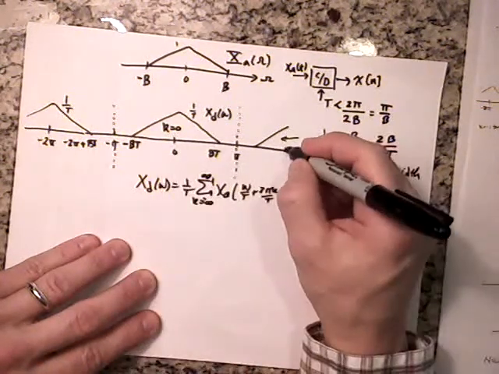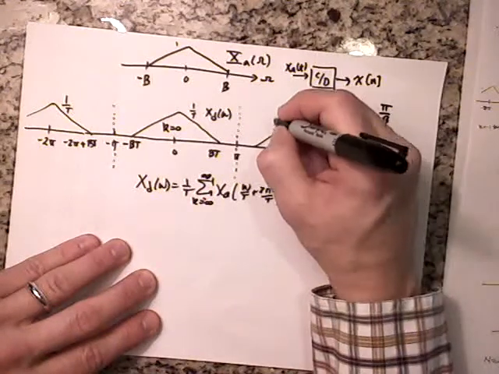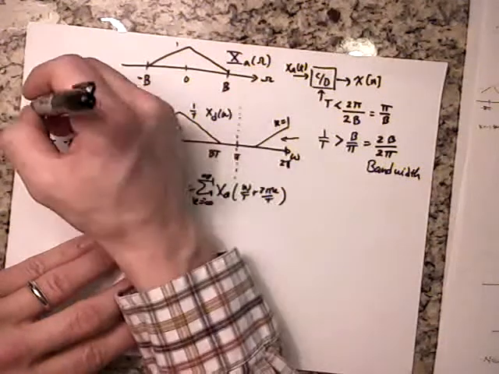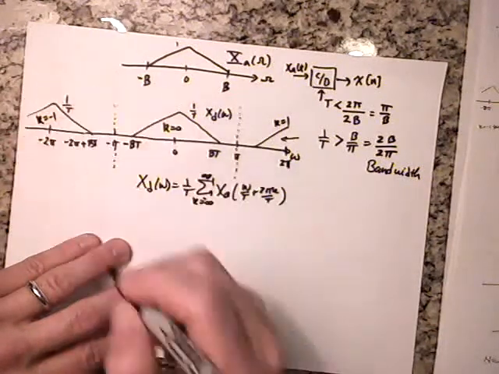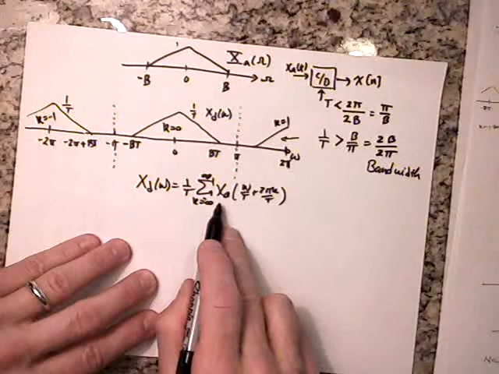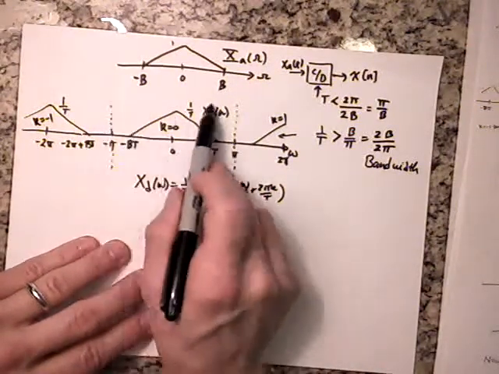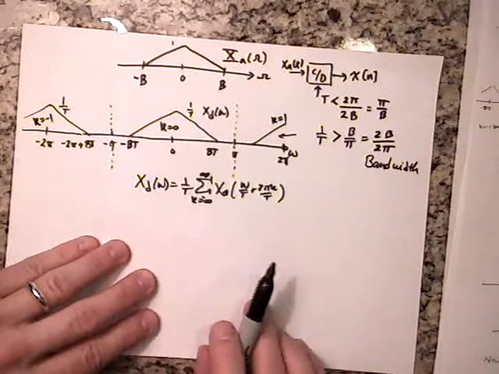This copy over here that sits at 2 pi is the k equals 1 term. This copy at minus 2 pi is the k equals minus 1 term. Now there's an infinite number of these terms, but notice that they don't overlap. So really all of the information that I need is sitting right here between minus pi and pi.